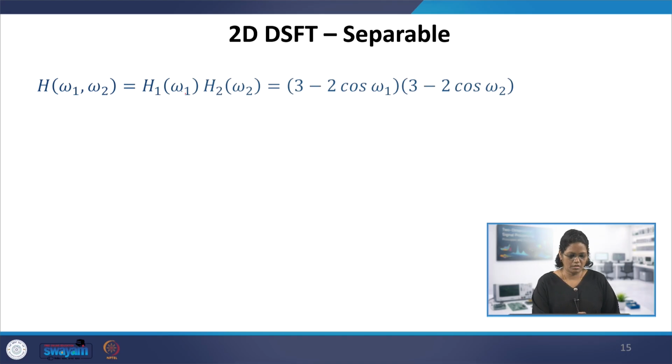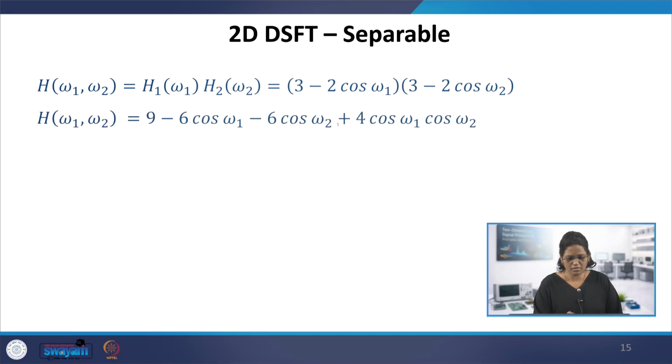If it is separable, the 2D DSFT is equal to the product of the DTFTs of the individual sequences: 3 minus 2 cos omega 1 times 3 minus 2 cos omega 2. So we computed the 1D DTFTs and took the product, which is equivalent to computing the 2D DSFT. We can see how the separability concept simplifies the process.